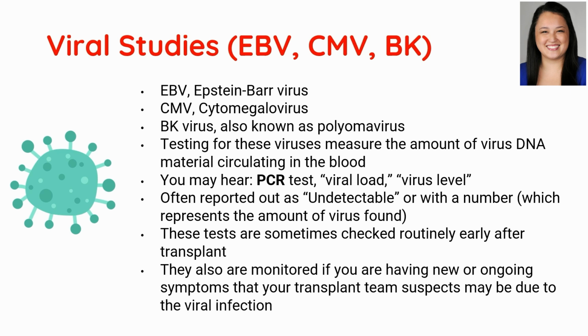Early on after transplant, you may see that these are checked routinely to make sure that they are normal. They also may be monitored or checked if you have new or ongoing symptoms that your transplant team thinks may be due to viral infection. And so this is a big topic that I didn't want us to spend too much time on, but important to understand the type of tests that we're checking.